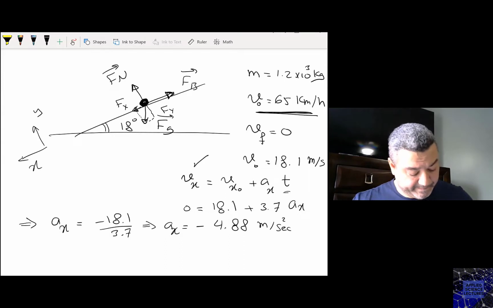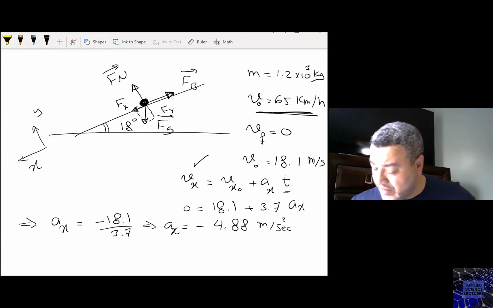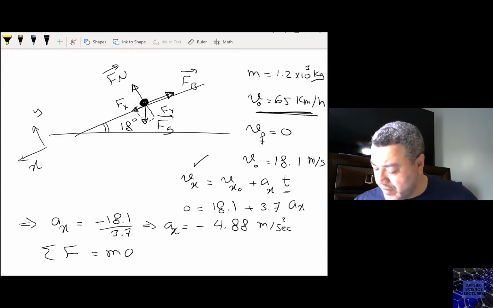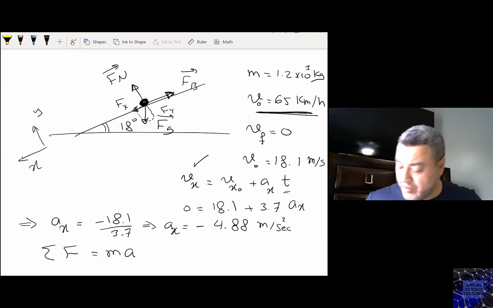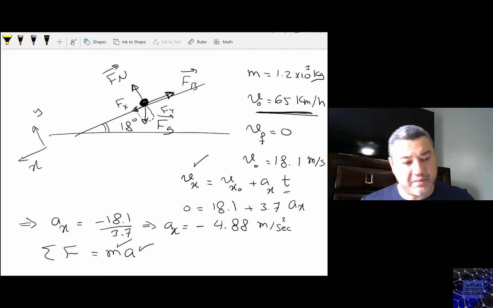Okay. So we need the force. Once we have the deceleration here, we know that the net force equals ma, right? So now we have the acceleration, which is negative. We have the mass.